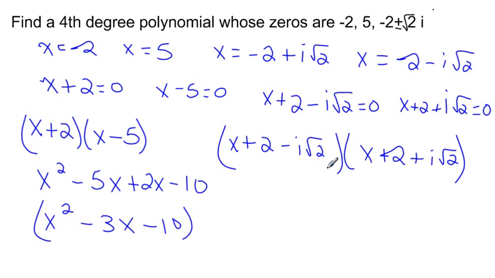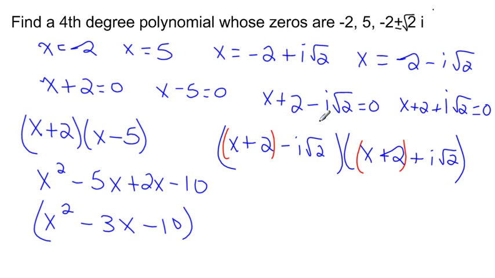And then if we do this out, well, you can kind of see the conjugate here. We have x plus 2 minus i rad 2 and x plus 2 plus i rad 2. So I kind of want you to think of x plus 2 as grouped together. Because now, when we're distributing this out, or as some people like to call it, FOIL, we don't have to do the outer and inner terms because they're just going to reduce down to 0.